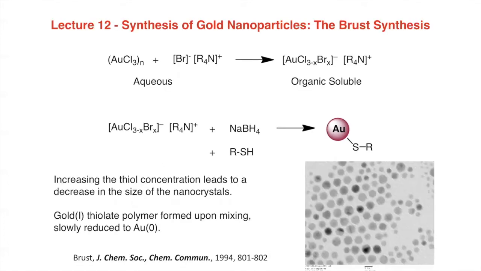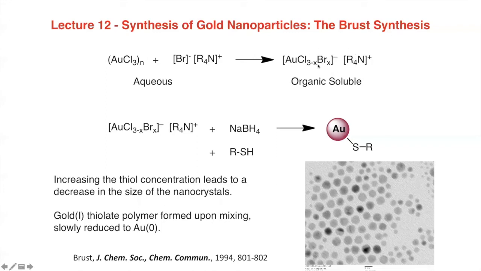Another type of gold nanoparticle synthesis, of the few kinds of reactions that really are important, is what's called the Brust synthesis, named after Matthias Brust. And what he did was to take gold chloride, gold 3 chloride, and cook it up with some ammonium halide salts and produce these ammonium haloaurate ion pairs.